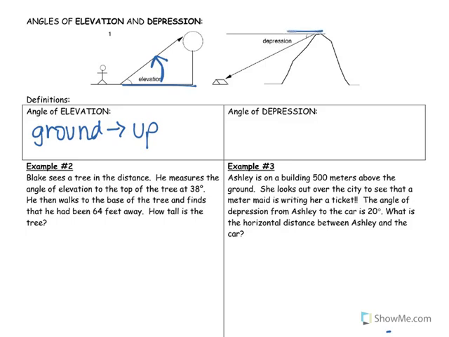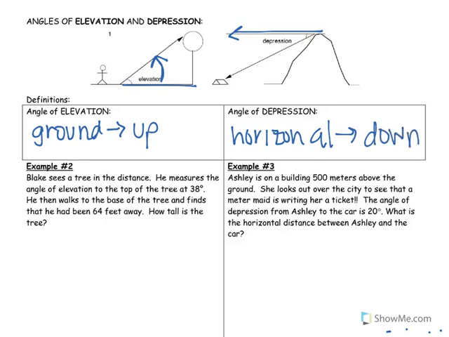The angle of depression, you start by looking off horizontal, and then I look down at an object. So this angle here looking down would be x and x. So the angle looking up, the angle looking down. Okay? So let's do two examples of each of those.